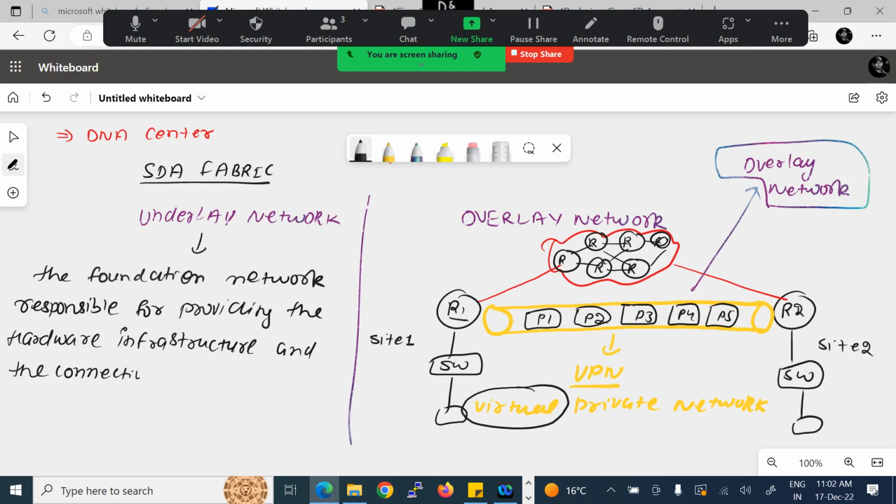So the underlay network is the foundation network which is responsible for providing the hardware infrastructure and the connectivity so that your overlay can work.